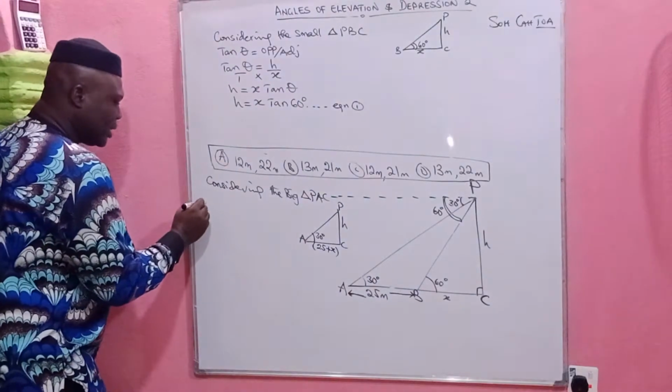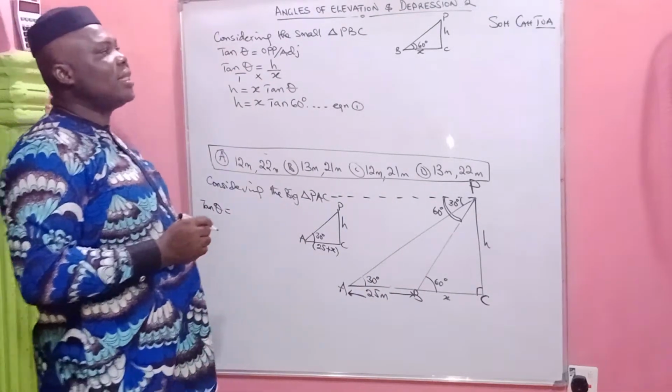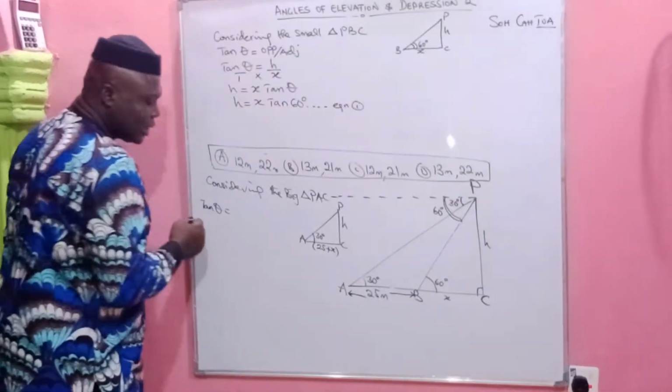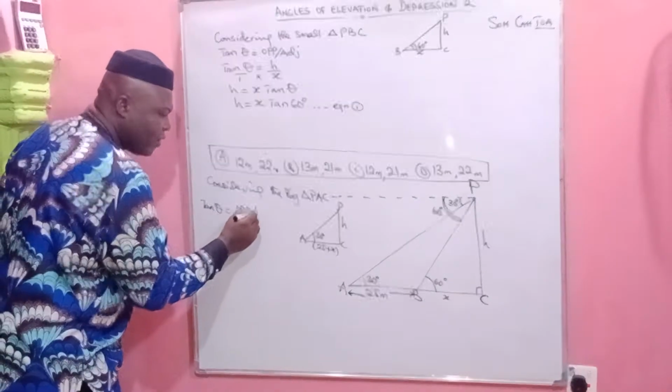All right, so the tan angle of theta, because the only trig functional identity that relates the opposite to the adjacent is tan. So the tan angle of theta will be equal to opposite all over adjacent.